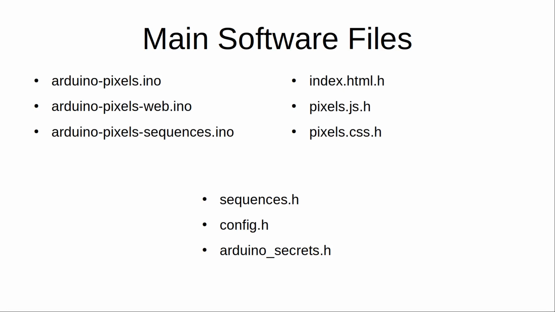This Arduino secrets.h isn't included in the source code. You'll have to create your own, and it just contains your Wi-Fi SSID and password so that it can log on to the network automatically.